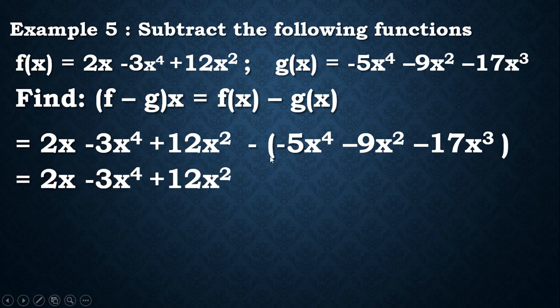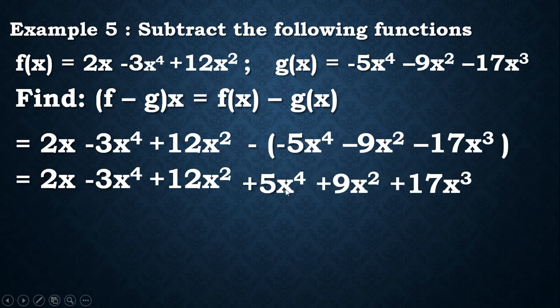And then by the distributive property of multiplication, negative times negative is positive 5x to the fourth. Negative times negative is positive 9x squared. And negative times negative is positive 17x cubed. And then we have to combine like terms.